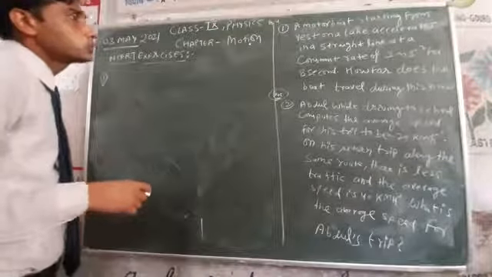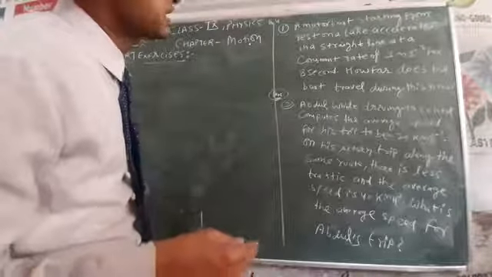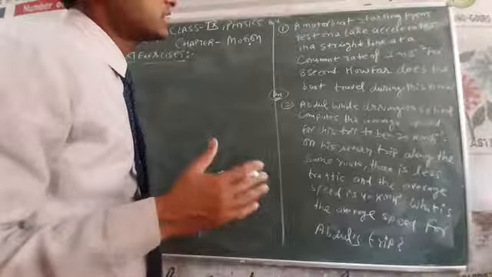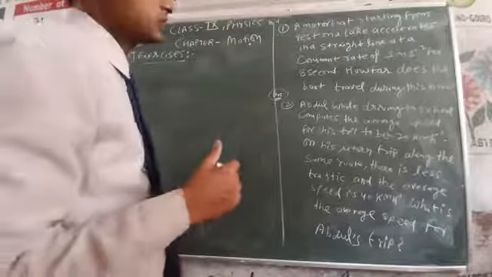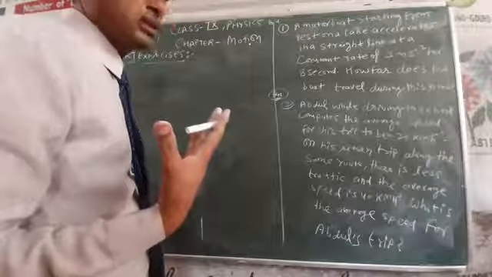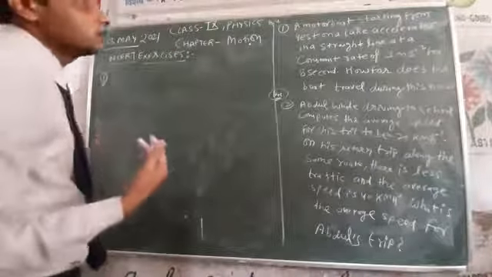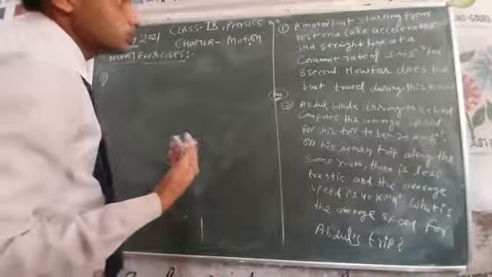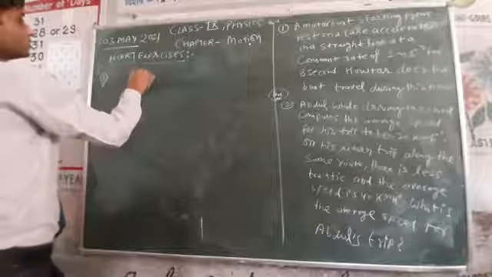A motorboat starting from rest on a lake accelerates in a straight line at a constant rate of 3 meters per second square for 8 seconds. How far does the boat travel during this time? In this question, motorboat starting from rest means u equal to 0.